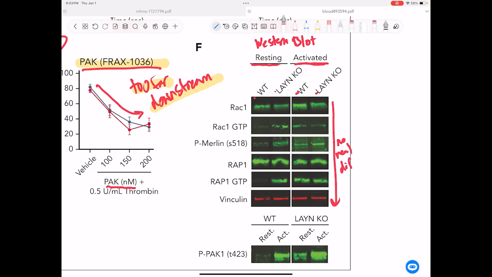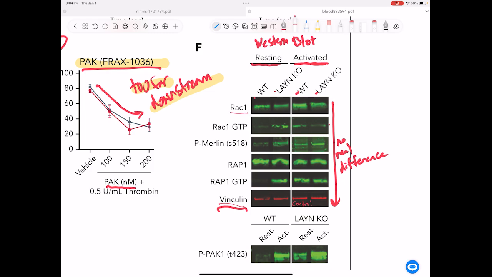If you're wondering what vinculin is, this is our control. This should, again, not change between our samples. And this bar is incredibly similar to this bar. This bar is similar to this bar. So I'm not going to spend too much time on the activated side of this. However, the resting is where the money is at.